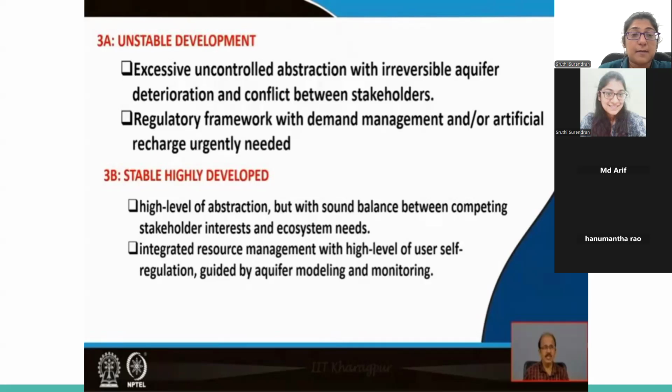Then there is a very stable, highly developed stage where there's sufficient abstraction, but the groundwater resources are not getting depleted. There is no problem between the stakeholders, neither is the quality of groundwater going down. This is because a very good management technique is implemented there that takes care of the needs as well as not depleting or contaminating the resources. Such a stage is called the highly developed stage.